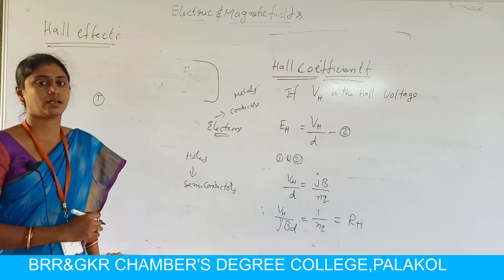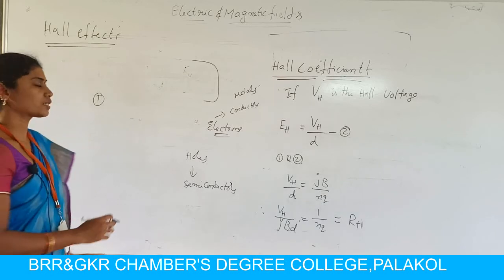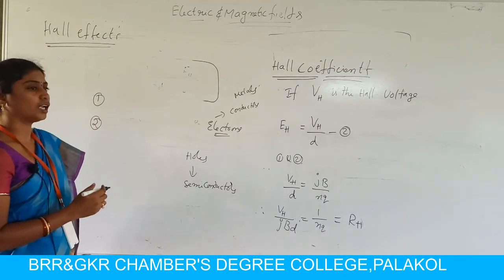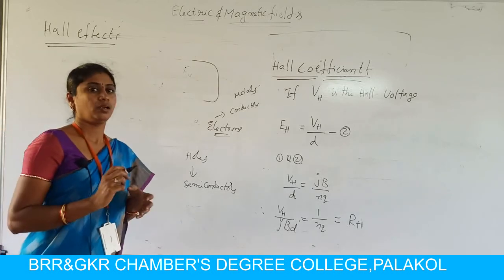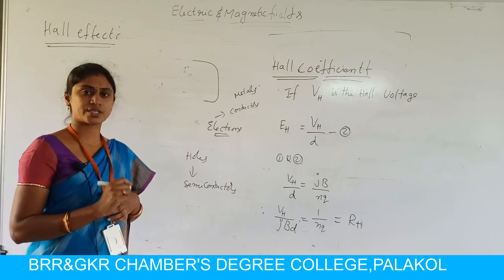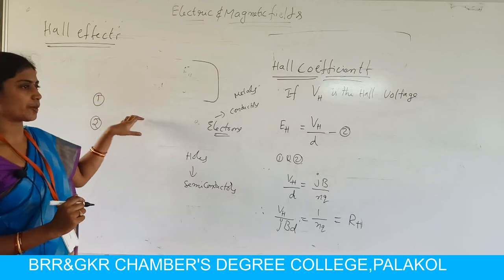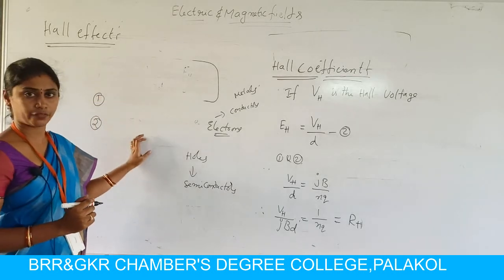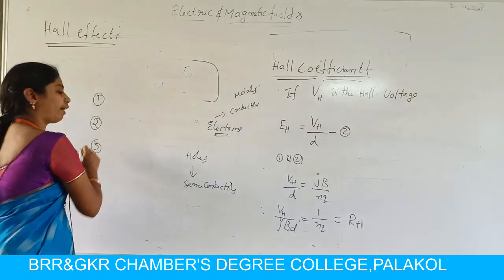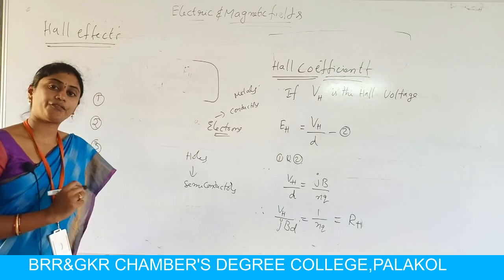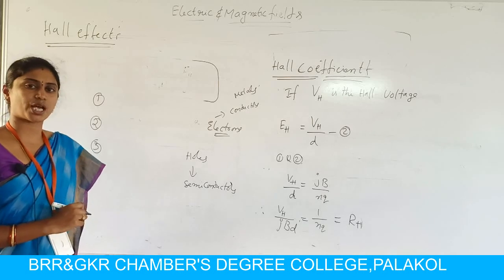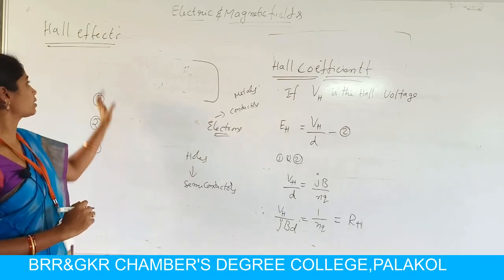Also, by this Hall coefficient value and the Hall effect, we can detect the strong magnetic field present in DC motors, using a sensor arrangement. And also by using this Hall effect, we can identify the drift velocity of the charge carriers, and the nature of the charge carriers is also identified.